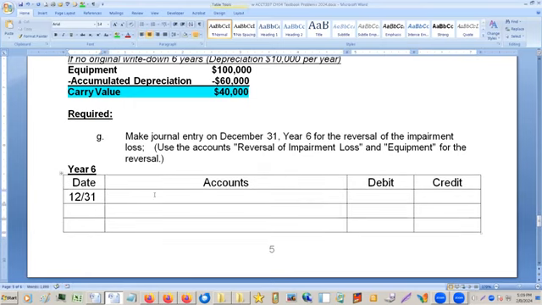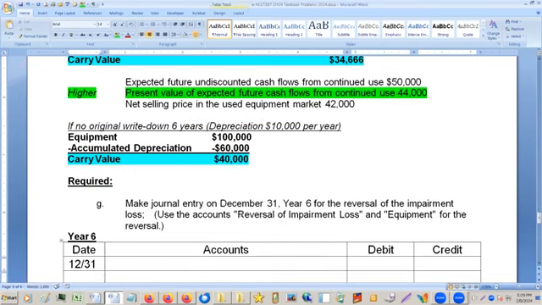Okay. So reversal of impairment. This is kind of like a gain.